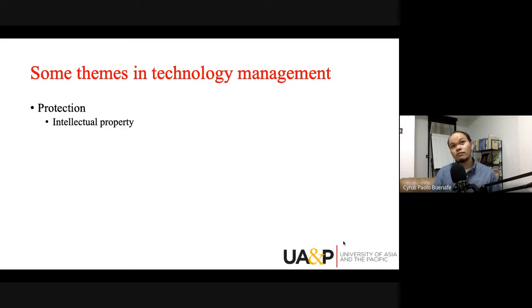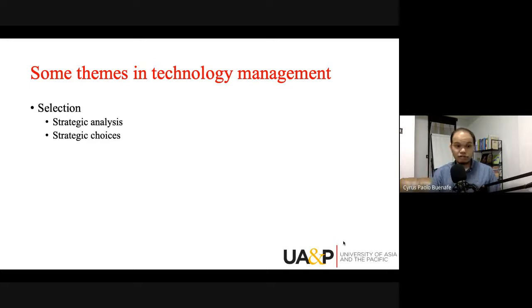Will it be monetary or will it be something else? Nevertheless, how do you protect that? How do you make sure that technology doesn't go into the wrong hands also? Technology on its own is useless, yes, but technology can be used for evil. Well, we know that. So how do we make sure that it's not going to be used for evil? So those are the themes also that we'll explore in technology management.